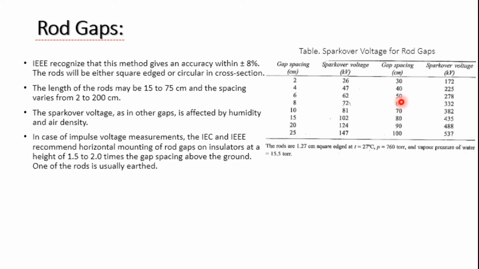The spark core voltage for the impulse waves is given in the table with respect to spacing and the spark core voltage. Again this depends mainly on the temperature and the pressure exerted between the two columns. That we have discussed in the previous concept.